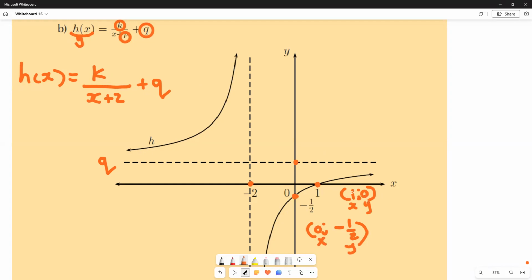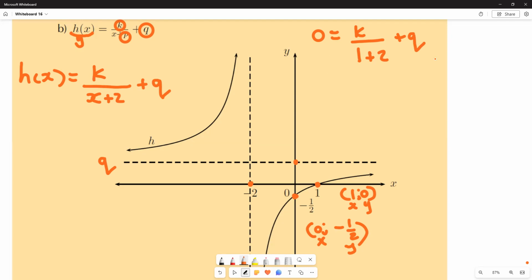I'll firstly start by substituting this point into the graph. I can see that the Y value is 0 equals K over (X plus 2) and then plus Q. Let me simplify this further.